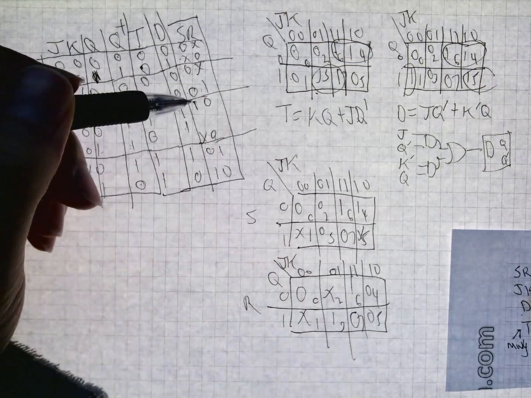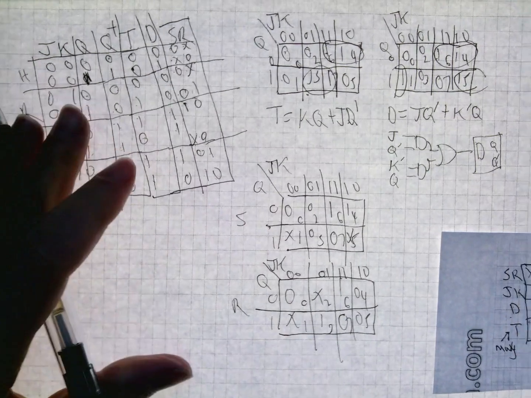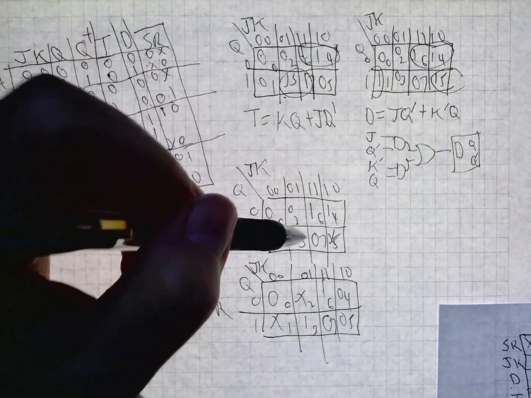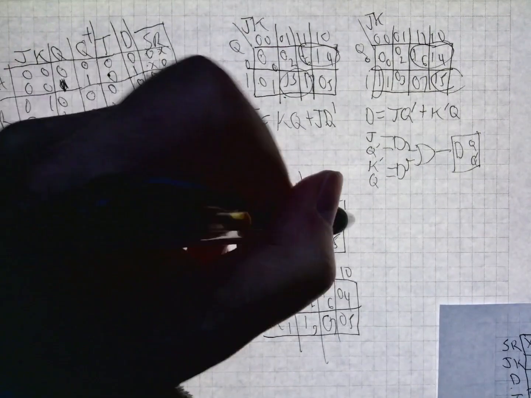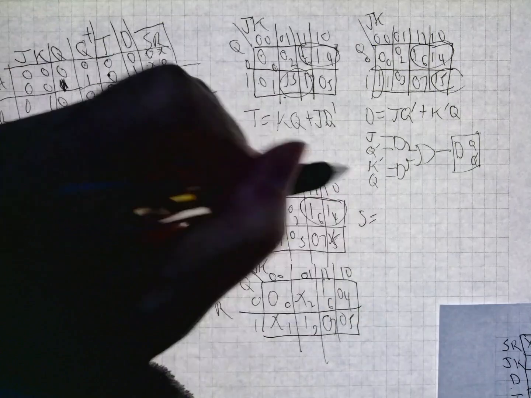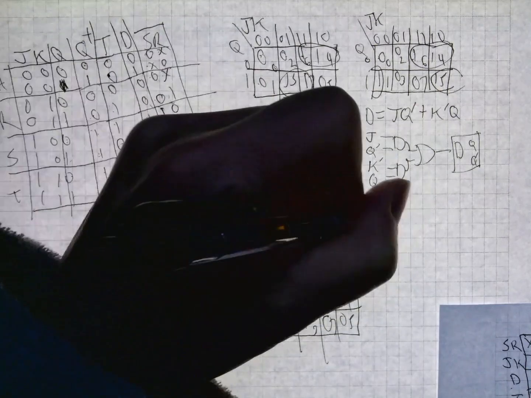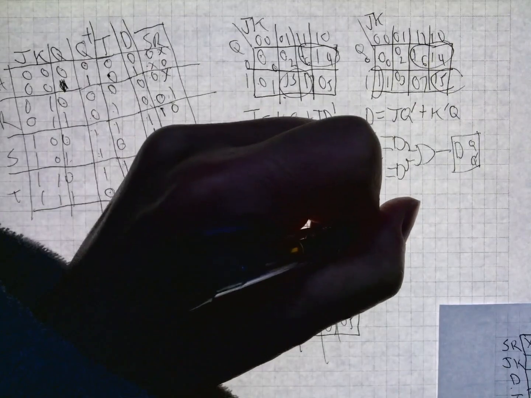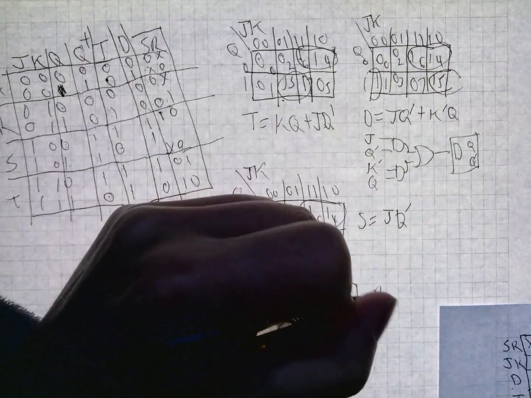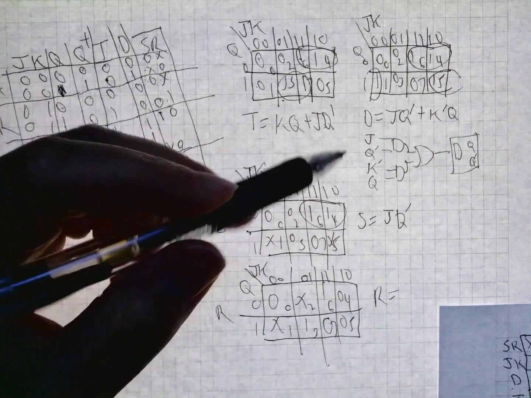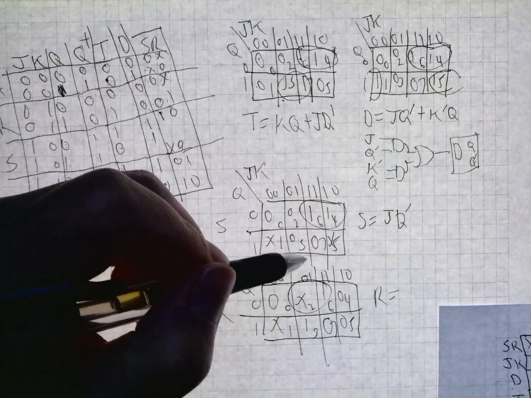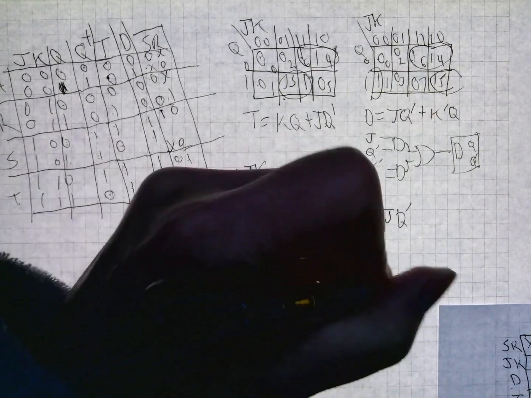Now you've got to do your K-map looping. S equals JQ prime. Oh, that sounds familiar. And R is going to be equal to KQ prime.